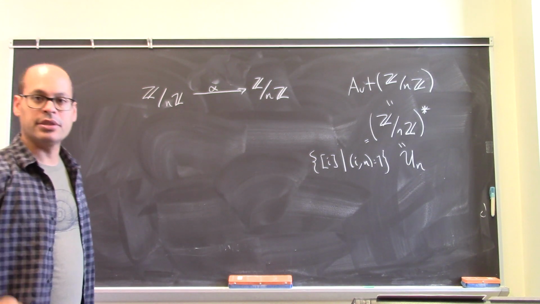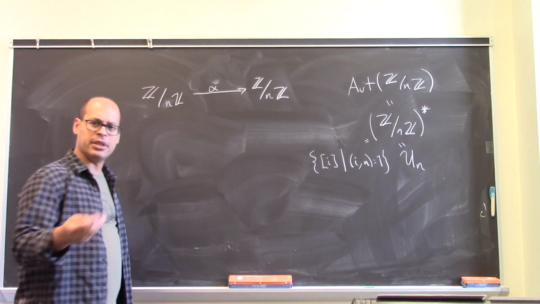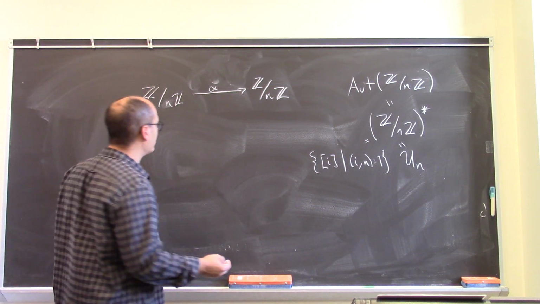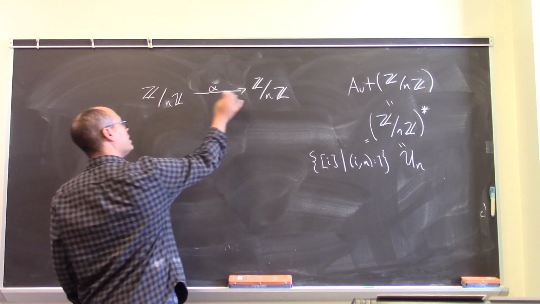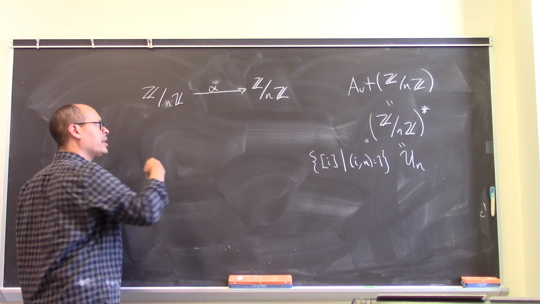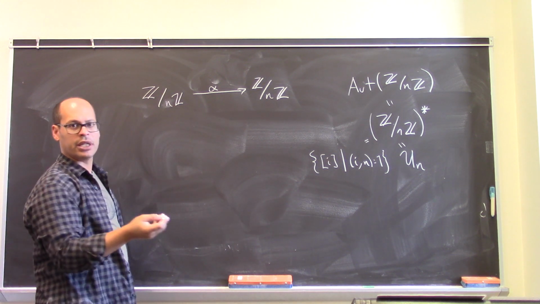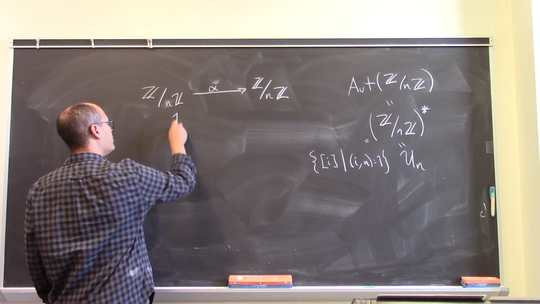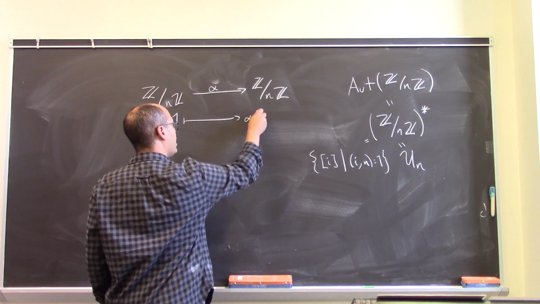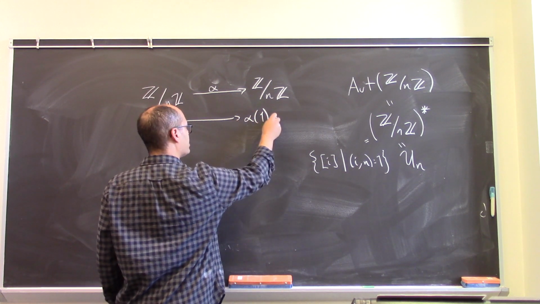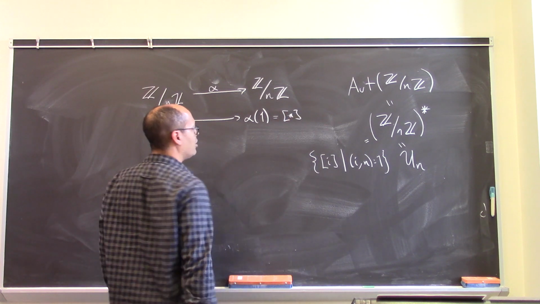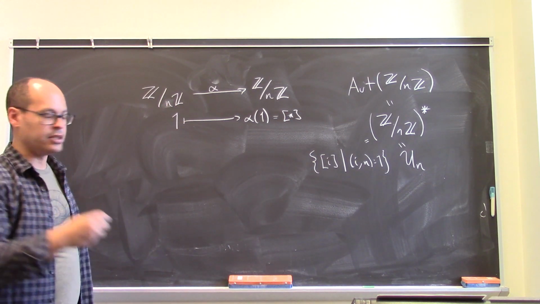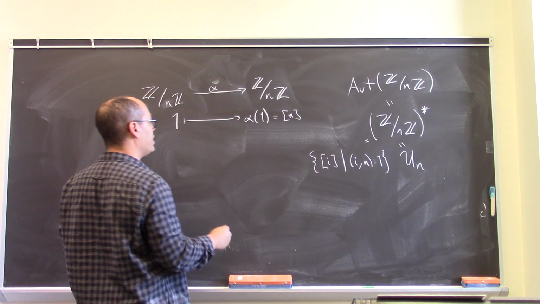All right, let's just quickly review how that works, because it'll be useful to have a nice concrete viewpoint of this. So if alpha is such an automorphism, then alpha is determined by where it takes 1. So 1 goes to alpha of 1, which I don't know is the class of some a, where a is an integer, and the class of a is its equivalence class mod n.